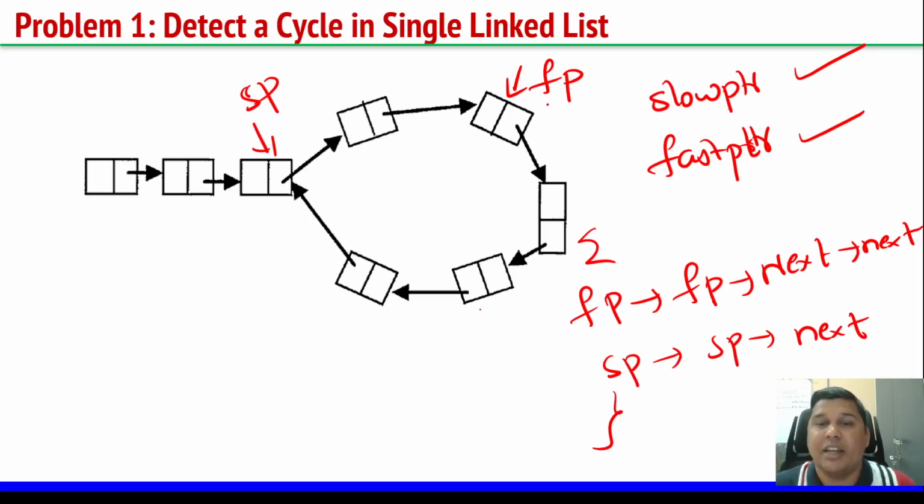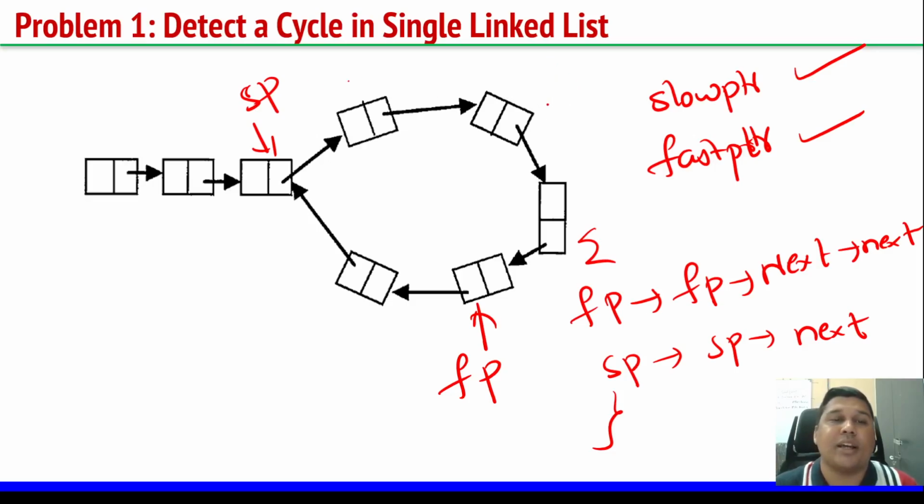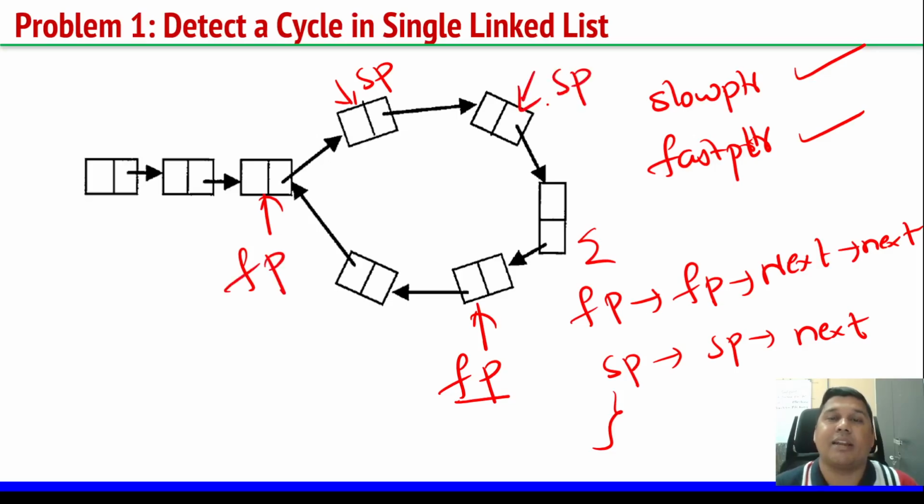FP from here will jump to this location. Your FP will come here. And where is your slow pointer? Your slow pointer comes here, this way. So I am erasing this. Again iterate. Where will your FP come? FP will come back here again, and your slow pointer will come here. Next, what will happen?